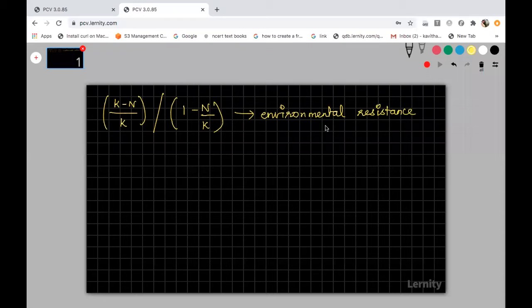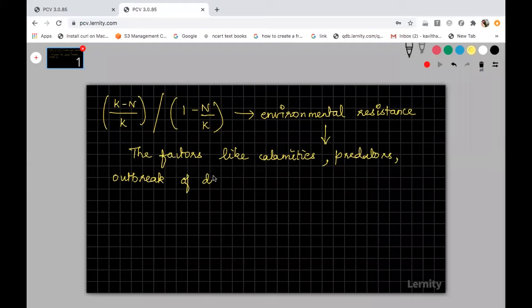So what do you mean by environmental resistance? That day I told you, but I didn't give you the definition, right? So you can write the definition of environmental resistance. How can you define it? It is the factors like natural calamities, predators, and outbreak of diseases, epidemic or pandemic diseases.